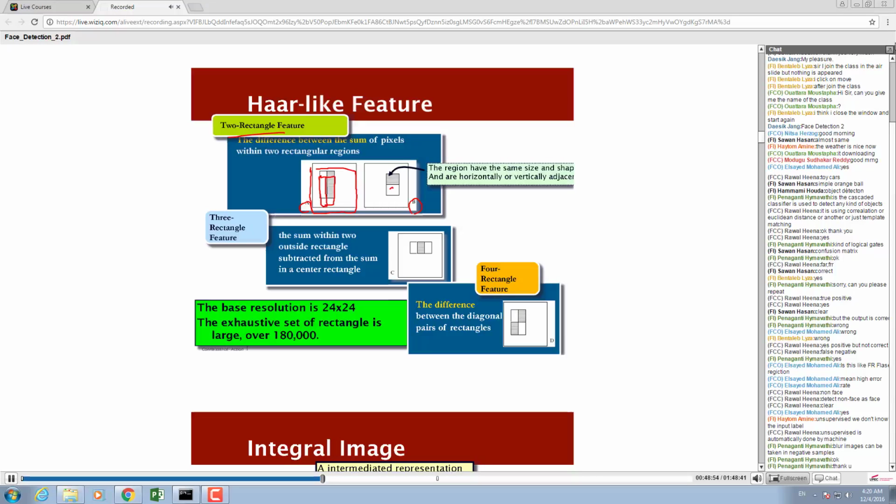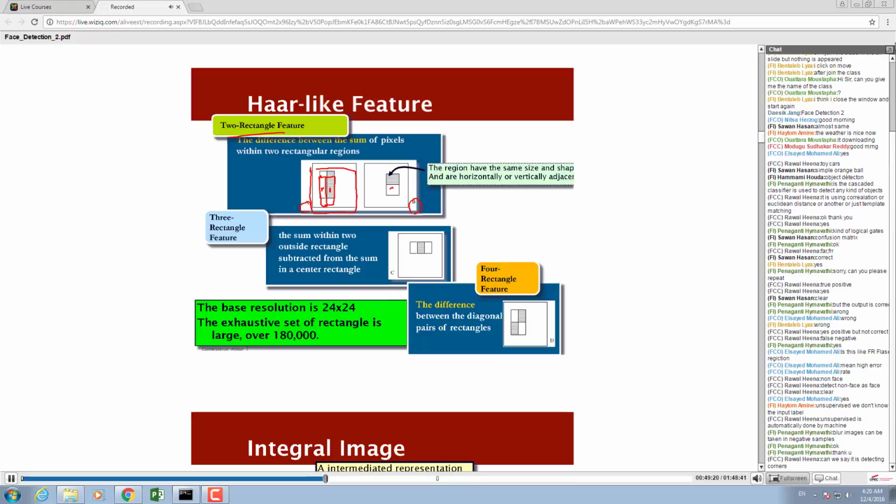We calculate the sum of pixel values, here the gray values, of all pixels in the white region, and the sum of all values in the black region, and then subtract. So white is plus, black is minus, and we add them, which is basically a subtraction. Is it clear? Basically, it is subtracting two small regions inside an image.